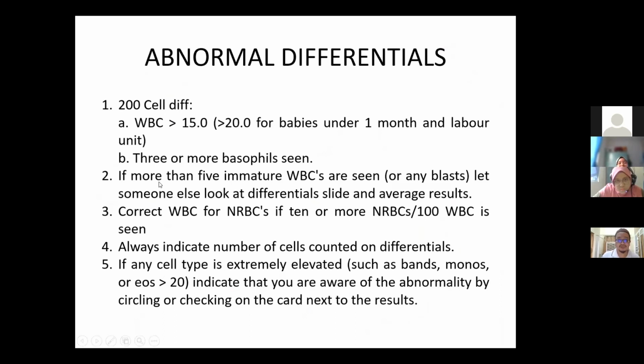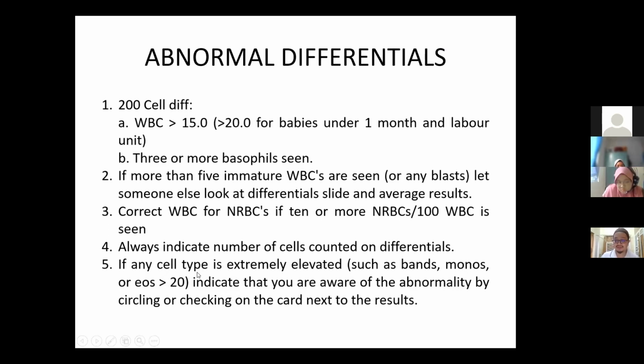So abnormal differentials from 200 cells. Okay, if WBC is more than 15, you have 3 or more basophils, so these are all abnormal. More than 5 immature white blood cells are seen. Okay, and then if any cell is extremely elevated, like you have bands, monos, or you see nothing more than 20.